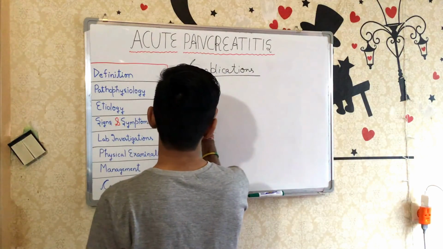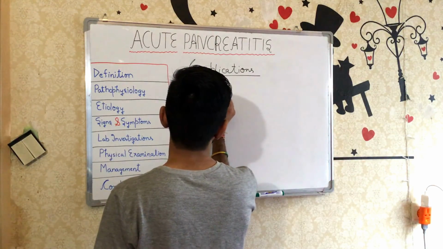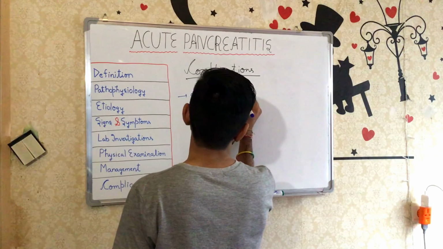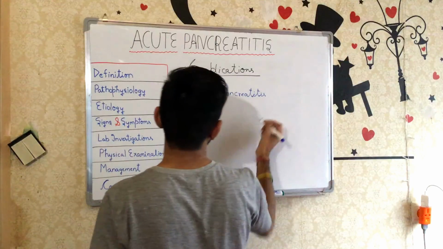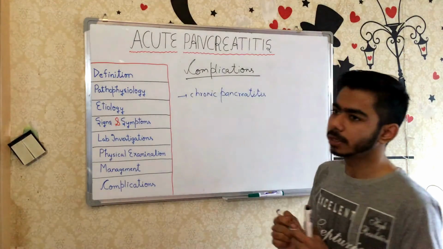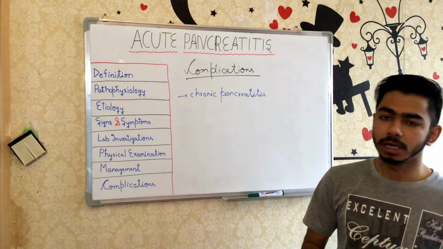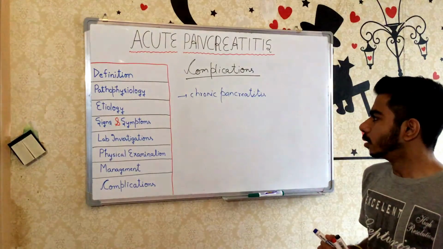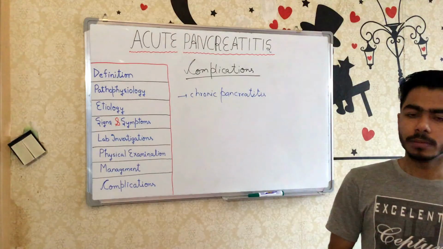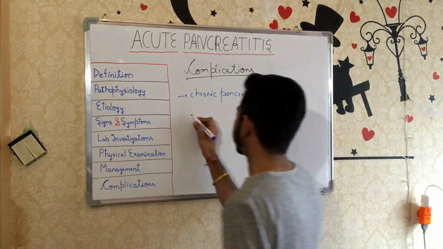So the first complication is chronic pancreatitis. Acute pancreatitis must be treated in time, otherwise it can cause various kinds of complications.